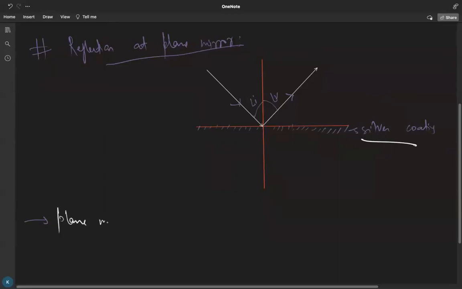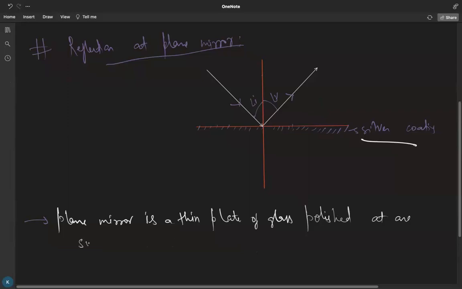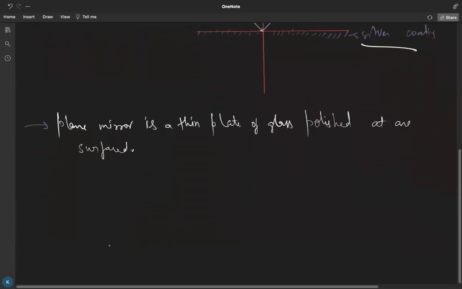A plane mirror is a thin plate of glass polished at one surface, in which one surface is polished by silver coating, right?